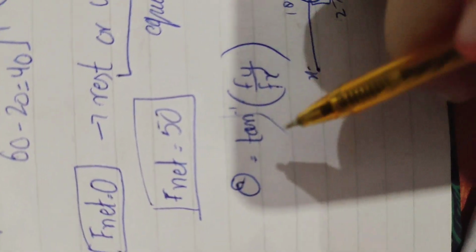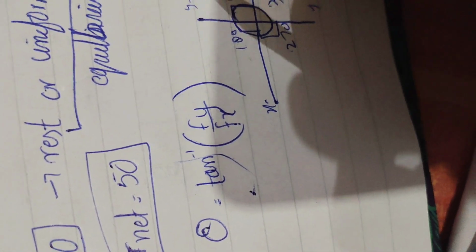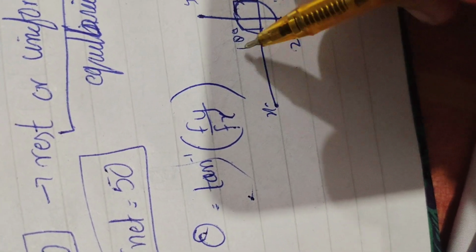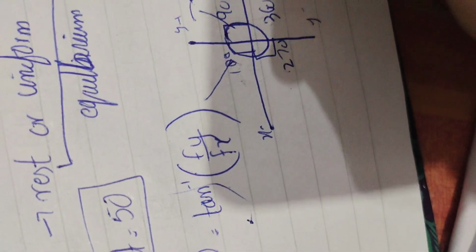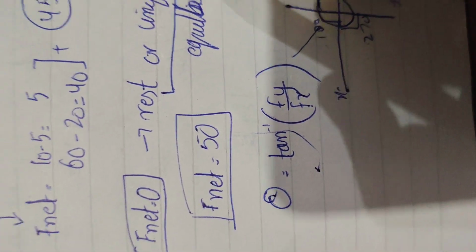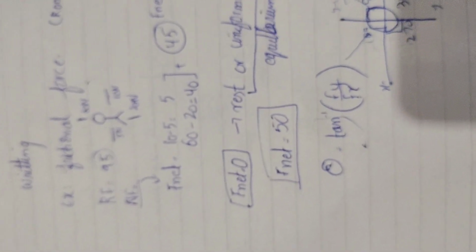So if the calculation comes to 90, the body will be going over here in this direction. If 180, the body will be going here. In this way we find out the angle, the direction of the body, and these were a few points.